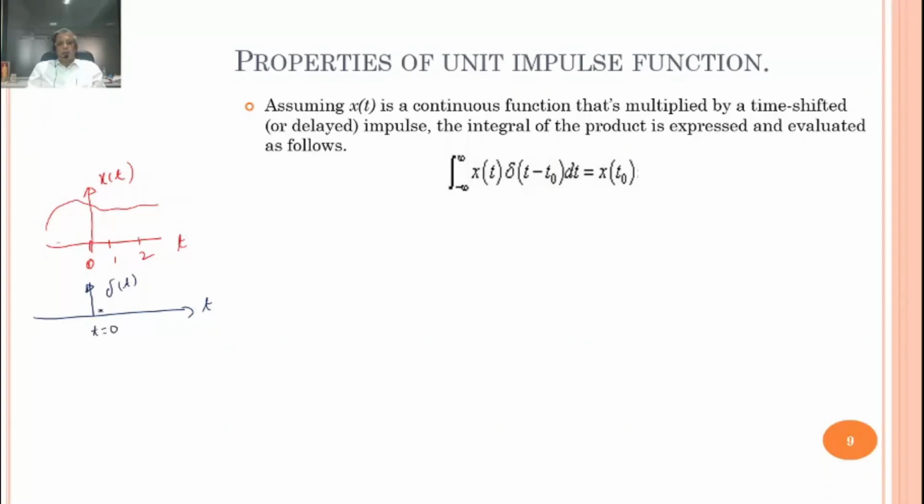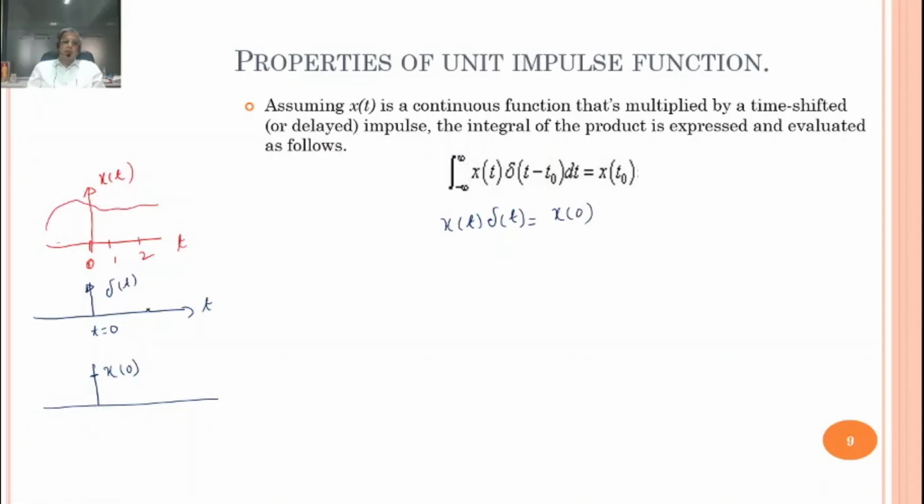For positive values of t this multiplication becomes 0, and for negative values also 0. So we get the signal's value only here, which becomes x of 0. We can write x of t into delta t equal to x of 0.